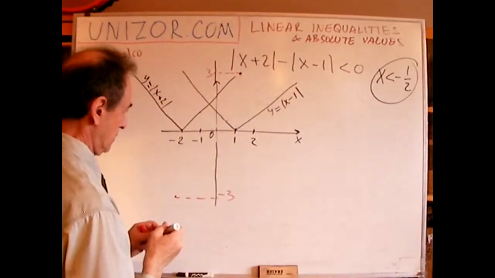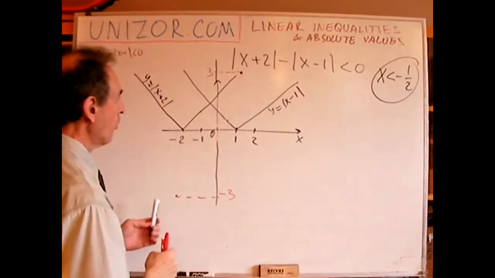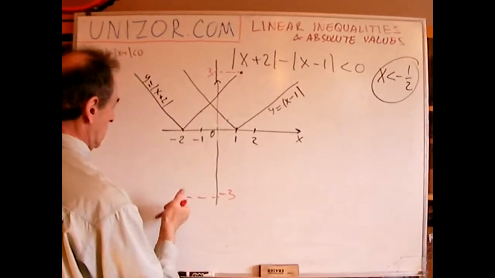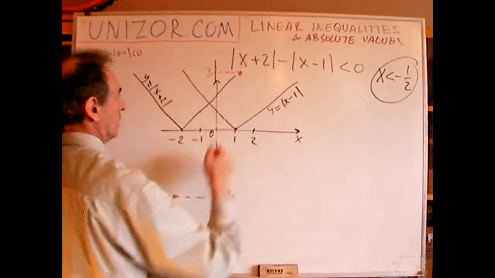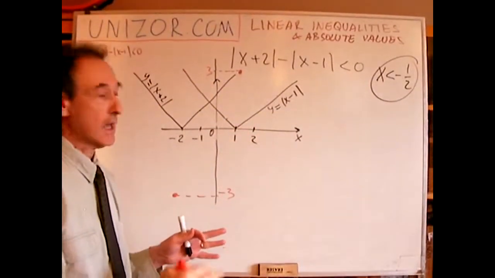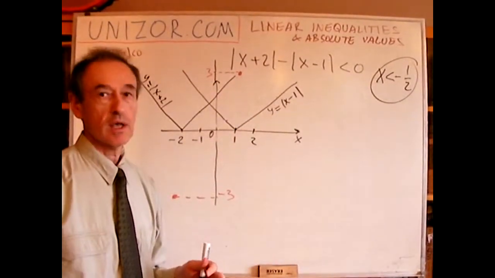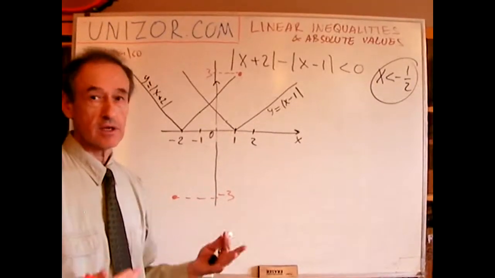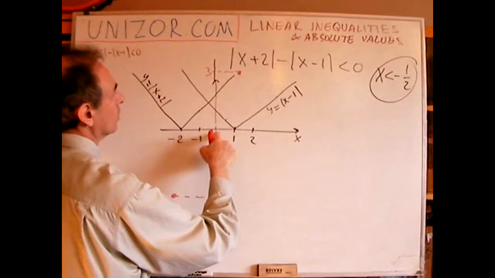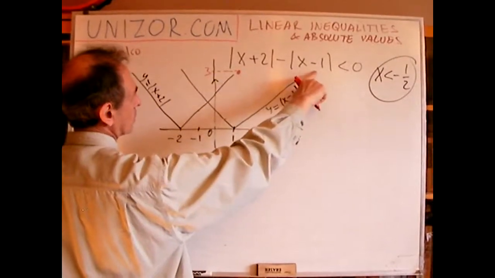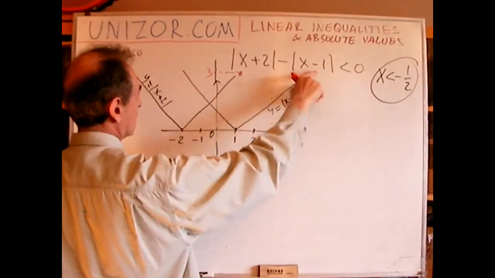Okay. So we have 2 points here and here. Now, in between these points and outside of these points, the graph is a linear function. So I can just do it exactly. By the way, at 0, it's equal to 2 minus 1, which is 1, right?